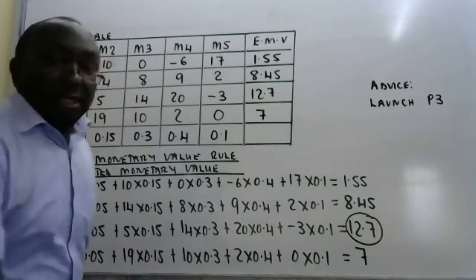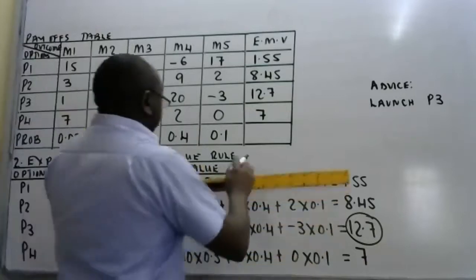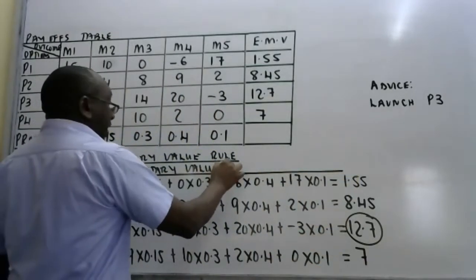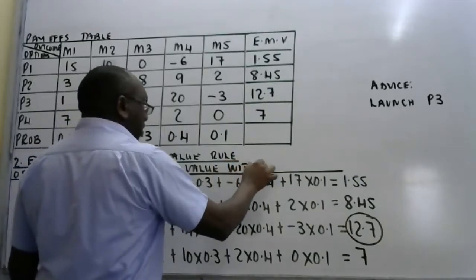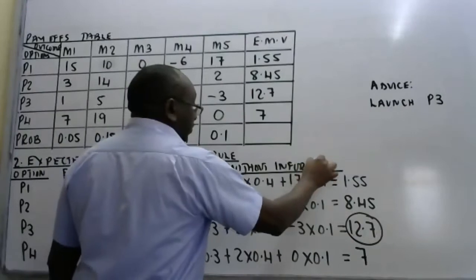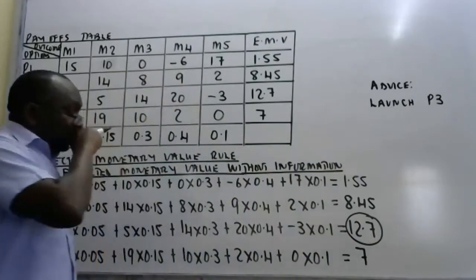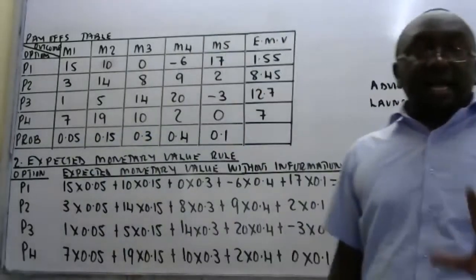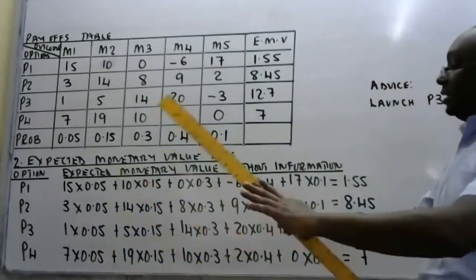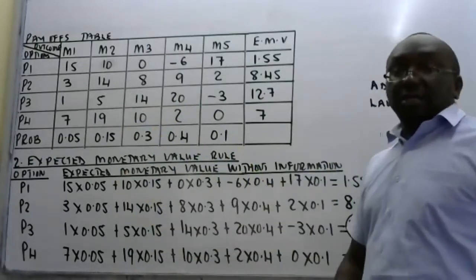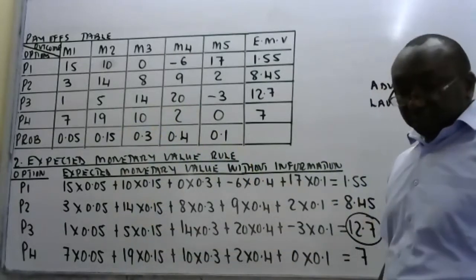And maybe this one I needed to have added: expected monetary value without information. Without information means you have not been told which one will exactly come to be. So you're just chancing. You are looking for everything. And you see the difference when we say with information.